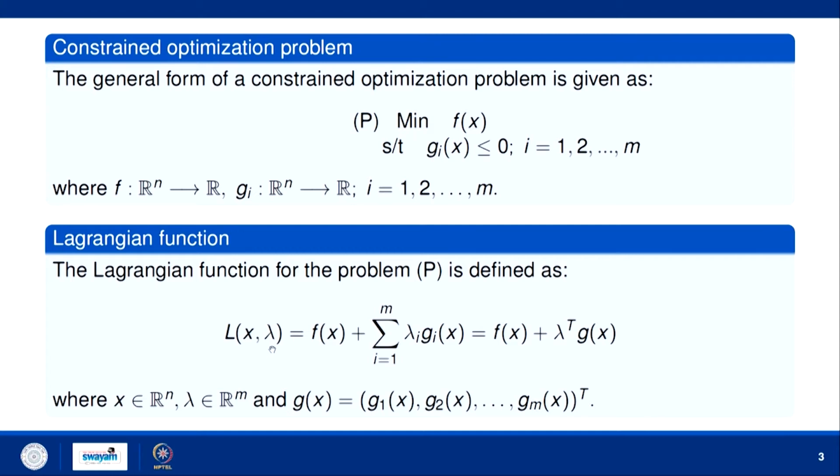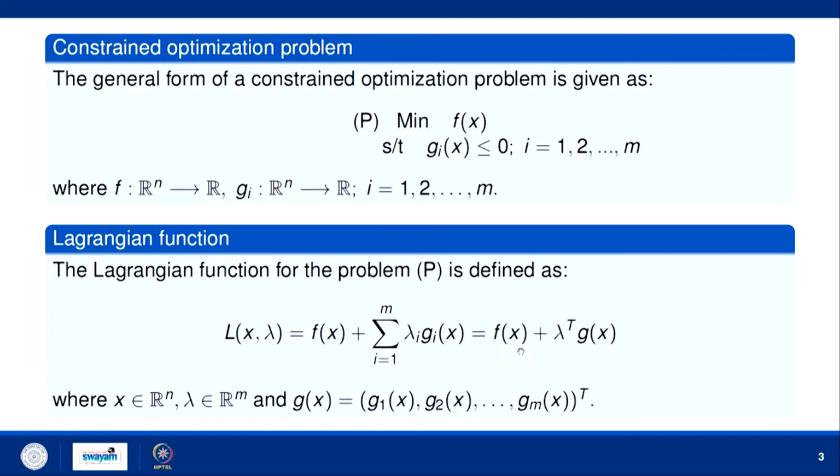The Lagrange function is a function of two unknowns x and lambda, which may be defined as the objective function f(x), and the sum of lambda_i g_i, i from 1 to m, because there are m constraints. These lambda 1, lambda 2 up to lambda m are called Lagrange multipliers.